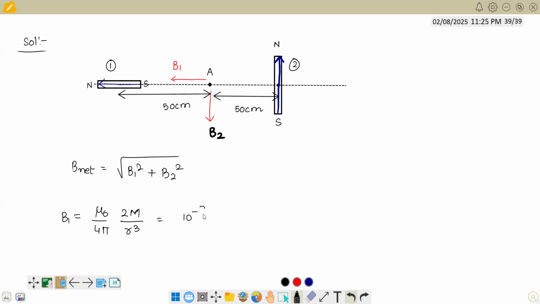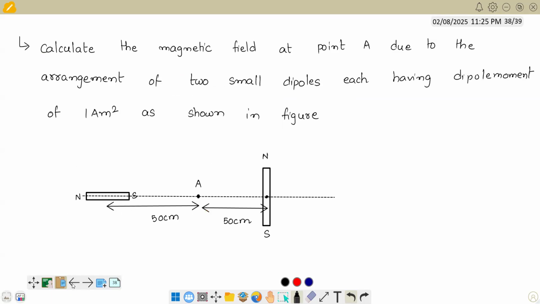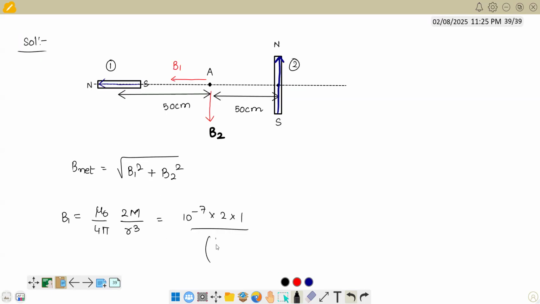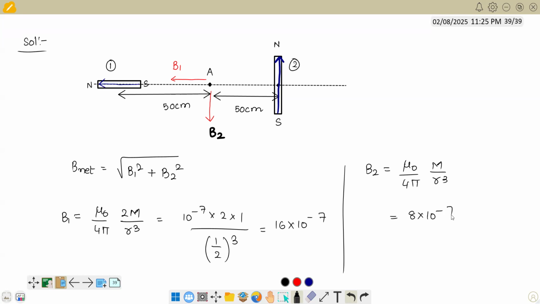So 10 power minus 7 into 2 into m value is 1, r value is given as 50 centimeters, that is 1 by 2. So 1 by 2 whole cube. So basically 16 into 10 power minus 7. Similarly, B2 is also mu naught by 4 pi, m by r cube. All the terms are same. So it would be 8 into 10 power minus 7.